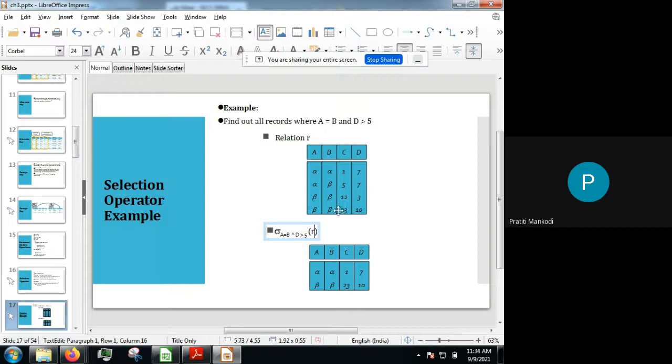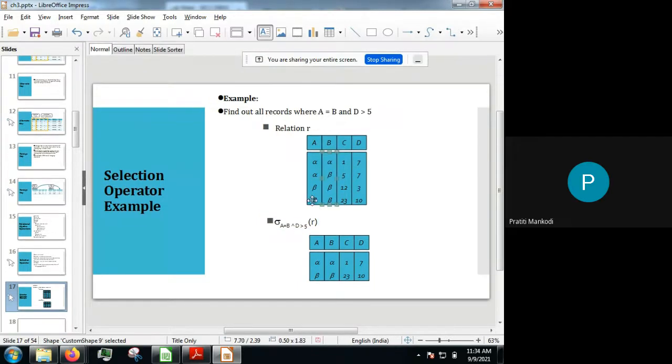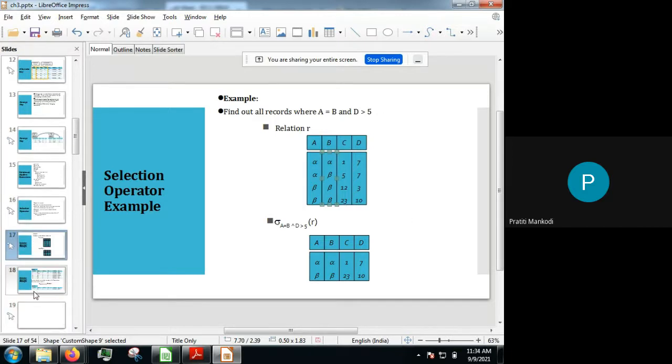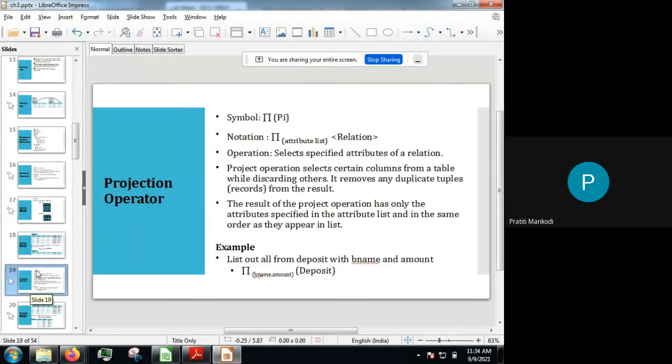It will only retrieve the tuples where A and B are the same, and also D is greater than 5. So this row, the beta one, will not be used, because what is the value of D in it? Less than 5. Right? So that will not be taken because as it is an AND operator, both conditions should be true. Clear? The practical example we'll see later on.